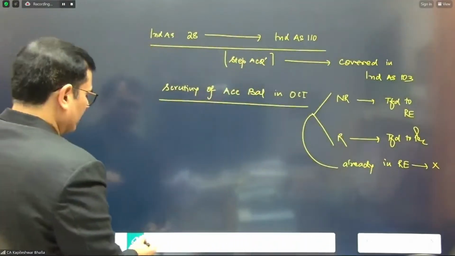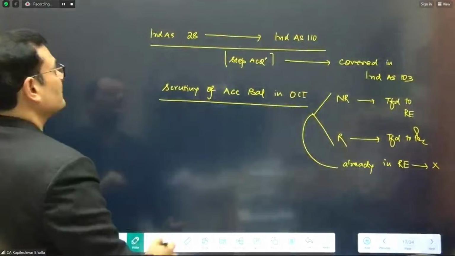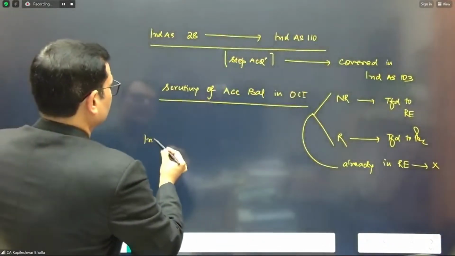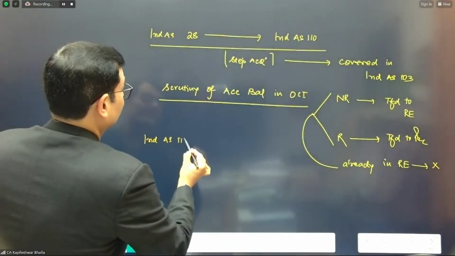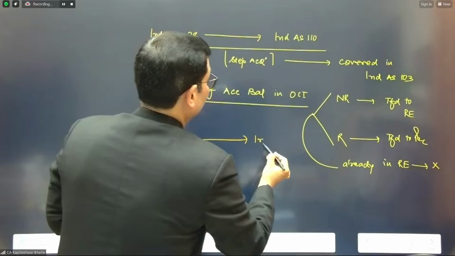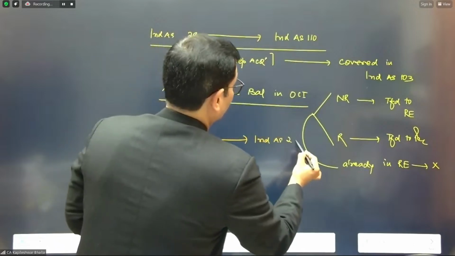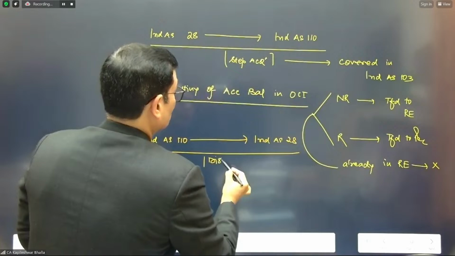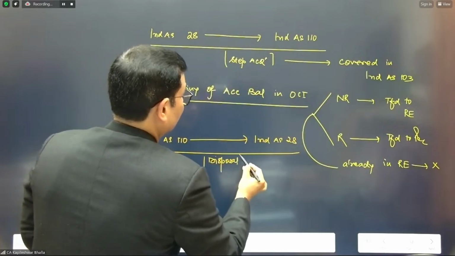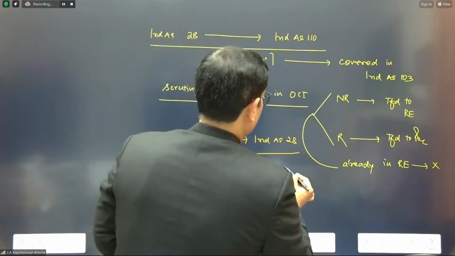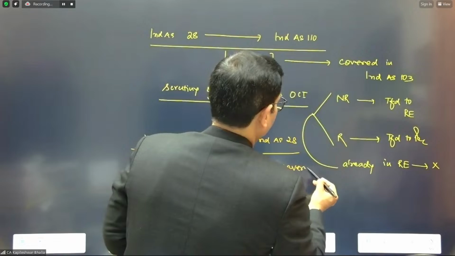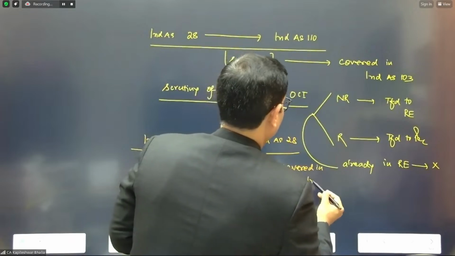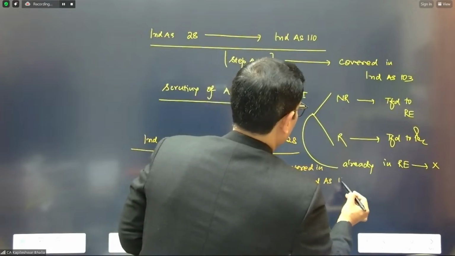So today in this particular case, we've done an opposite case, that we are moving from Ind AS 110 to Ind AS 28. This is what we're doing today. So this is a case of a disposal, which we are covering under Ind AS 110, the opposite case.